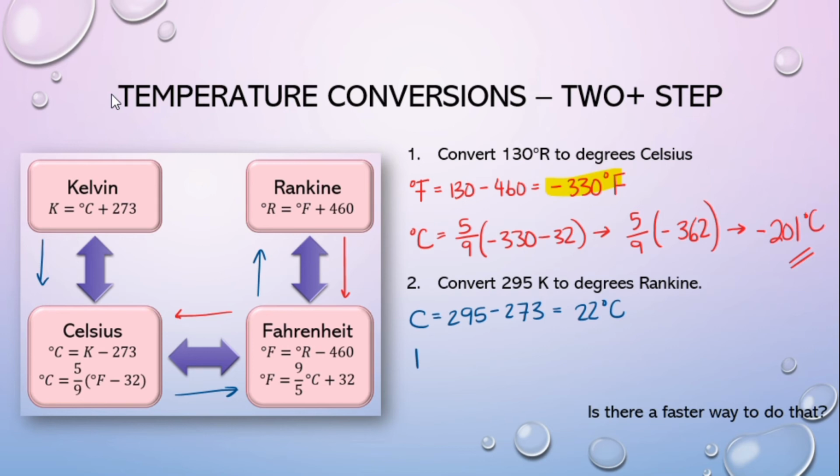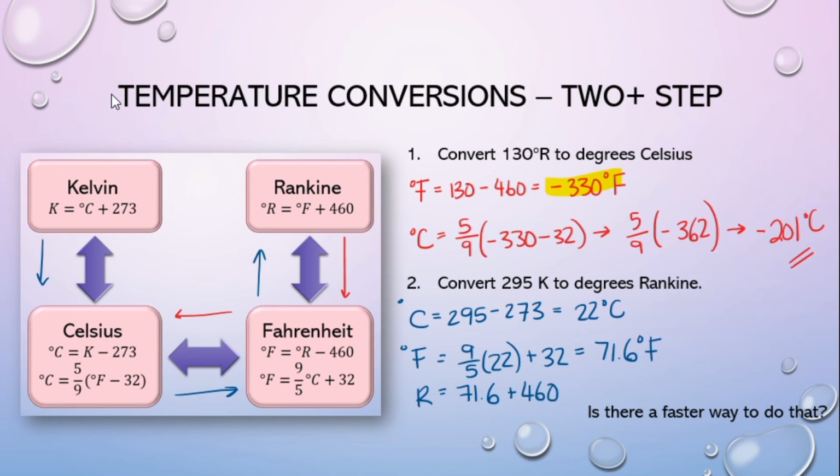To make Fahrenheit from Celsius, I'm going to do the 9/5 multiplied by the temperature first, then add the 32, and that's going to give me, I'll keep a decimal place, 71.6 degrees Fahrenheit.